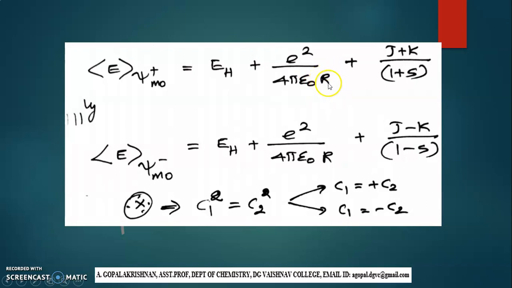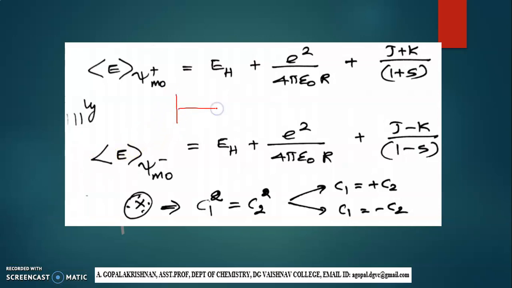As R decreases, initially the average energy decreases and reaches a minimum. When R decreases further and further, the average energy starts to increase.